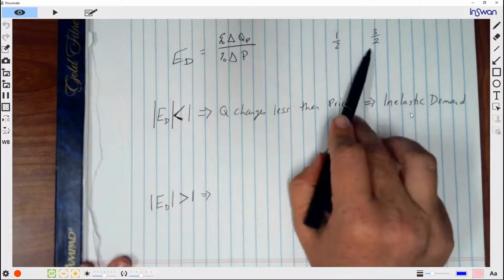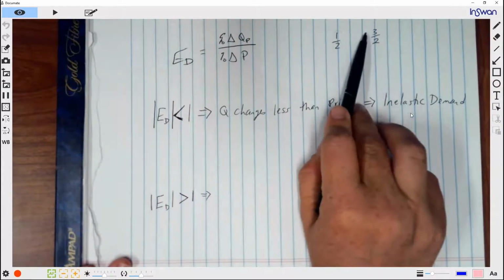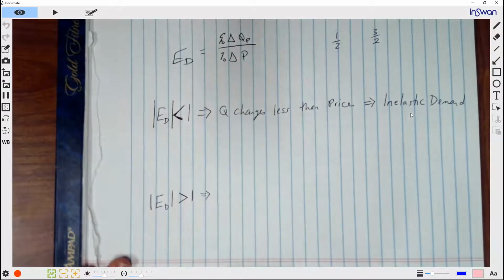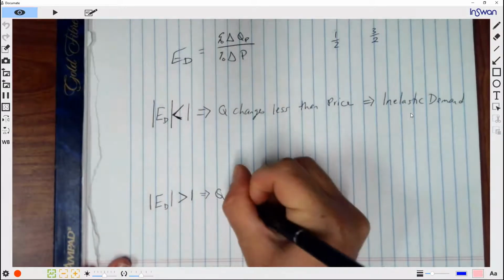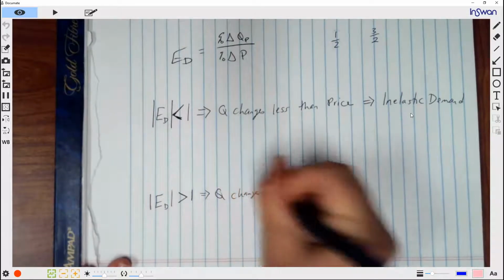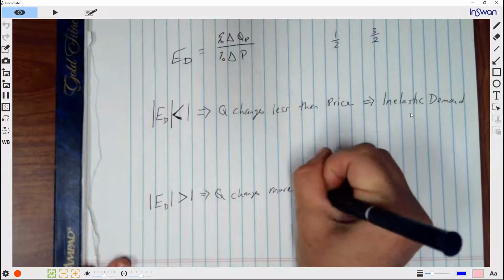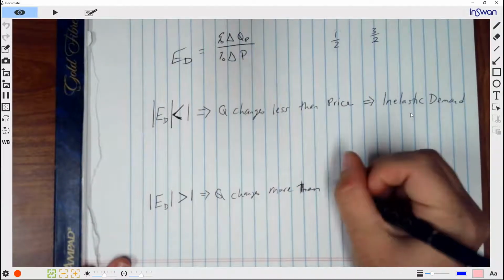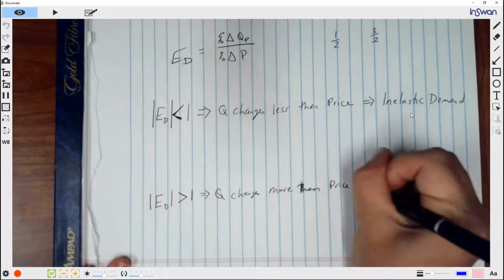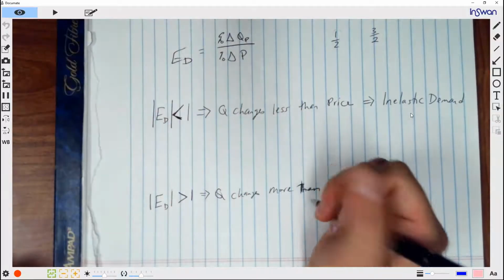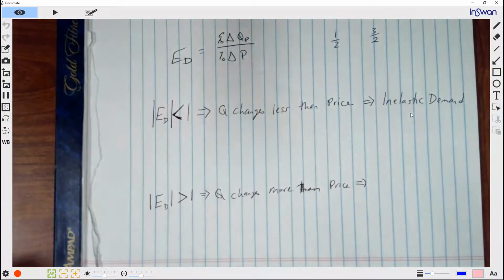You know that's 1.5, and it's bigger than 1. How do I know it's bigger than 1? Because the top of the fraction is larger than the bottom of the fraction. That will mean that quantity changes more than, or by a larger percent than, price. This means just a tiny tug on that rubber band is going to produce a large change in shape.